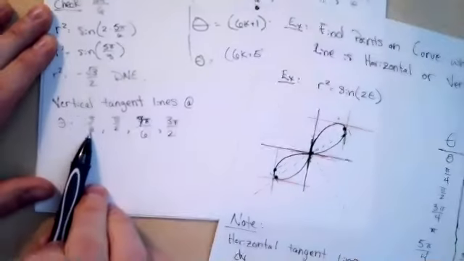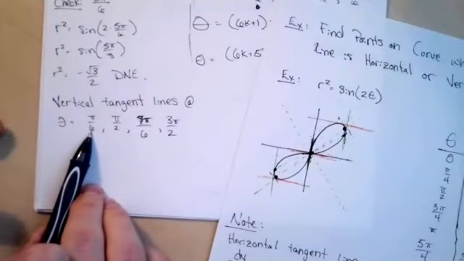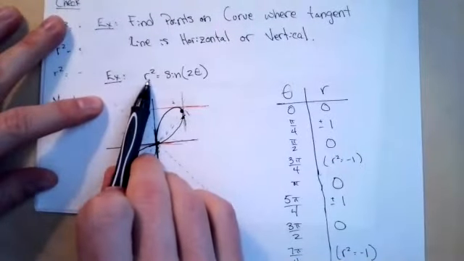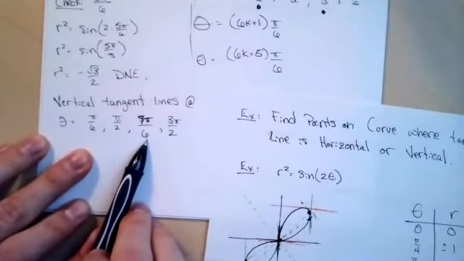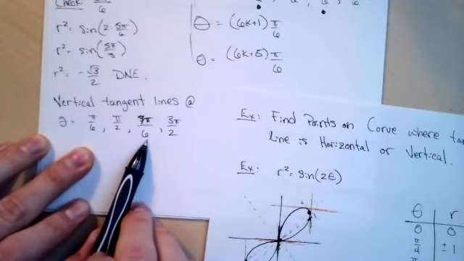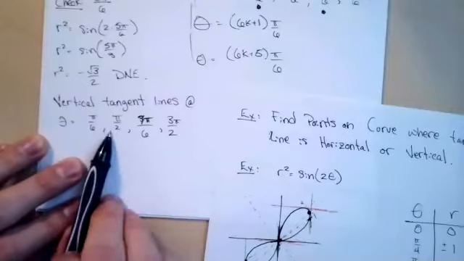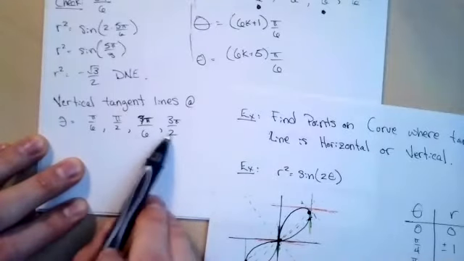So even though pi over 6 will have that one theta value, we'll solve it for two r values, a positive and negative, but those will also correspond to the same vertical tangent line at 7 pi over 6. And of course, a similar thing is going on with pi over 2 and 3 pi over 2.